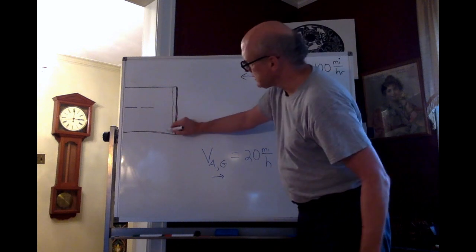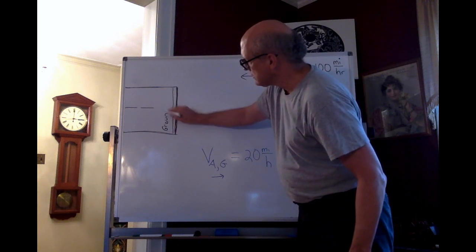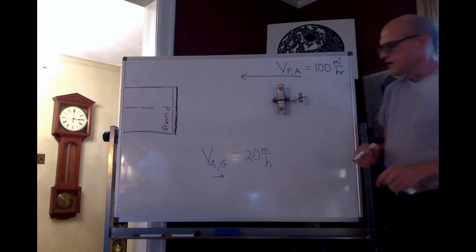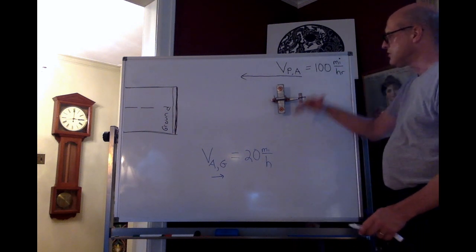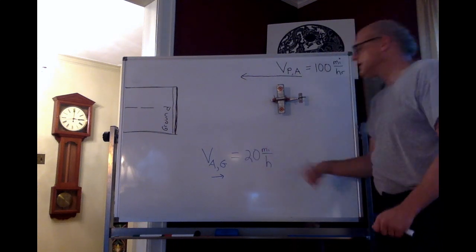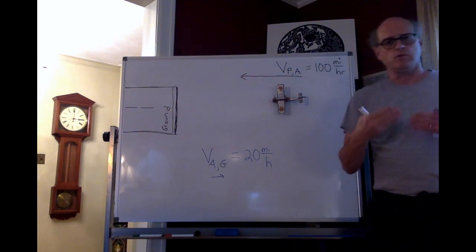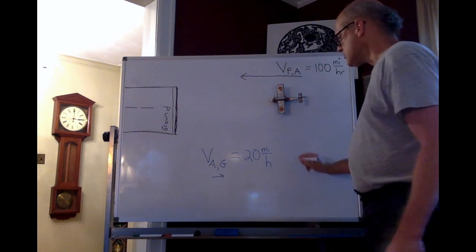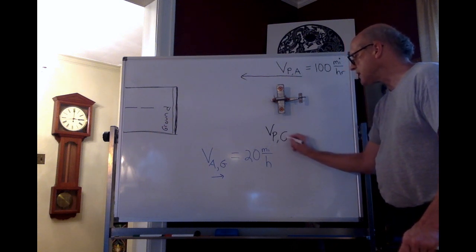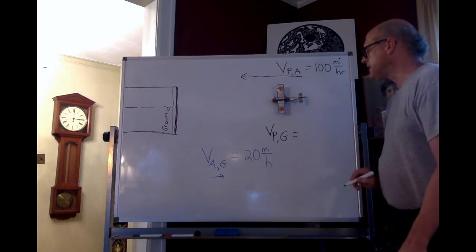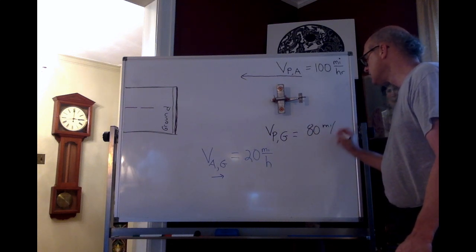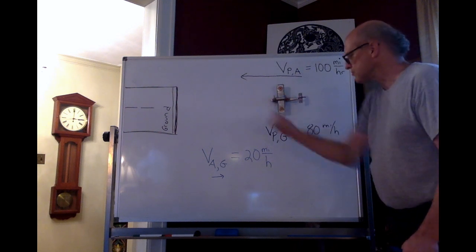I'm just going to write here ground, because the runway is firmly attached to the ground. Do you see that if you add these two together, since one is to the right and the other one is to the left, we would have to subtract them. So the velocity of the plane relative to the ground is going to be simply 80 miles per hour in that direction.